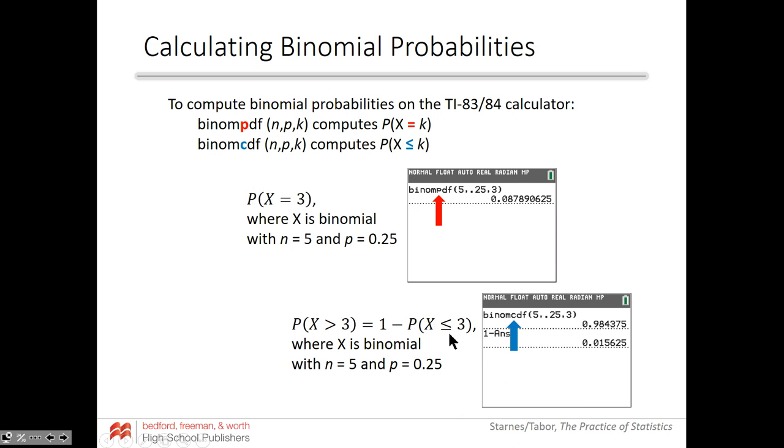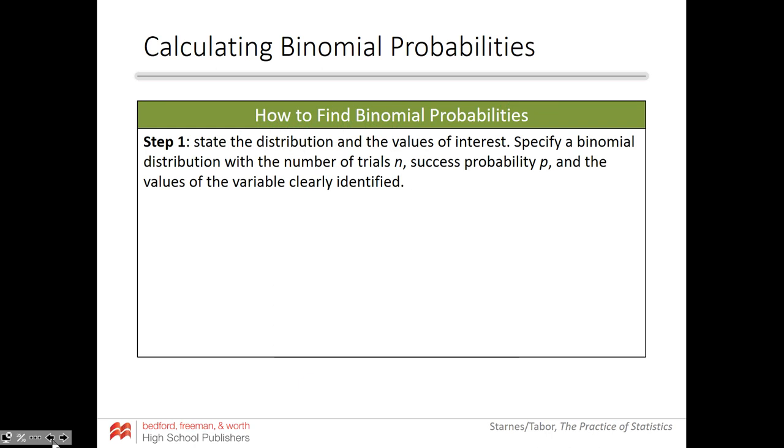And just be careful, because this is a discrete random variable, there is a difference between X is less than or equal to 3 and X is less than 3, right? Because we can calculate the probability that X is equal to 3. So that's how I would use the calculator in that way.